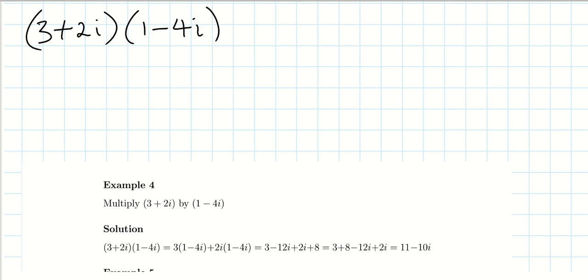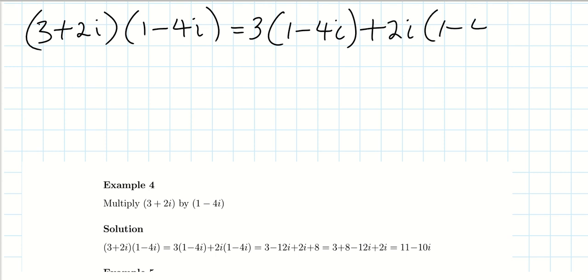Then we have 3 open bracket 1 minus 4i, then you pick plus 2i open bracket 1 minus 4i. And when we open the bracket, we have 3 times 1, which is 3. 3 times minus 4i, we have minus 12i. Then 2i times 1, we have plus 2i.